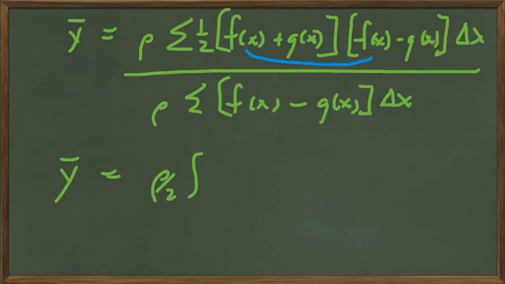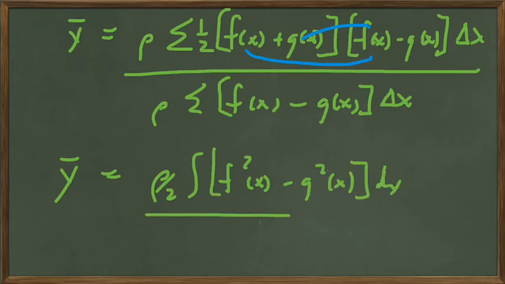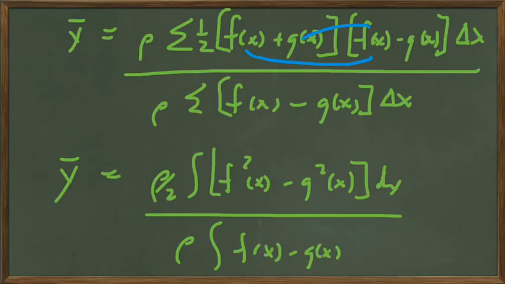This is a plus b times a minus b, and so we get this, we get f squared of x minus g squared of x dx over rho f of x minus g of x dx.